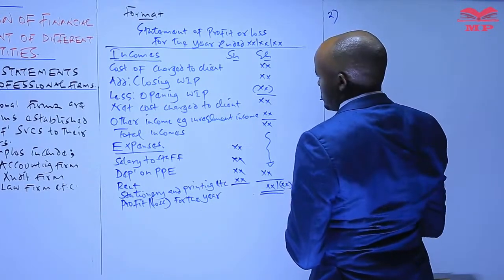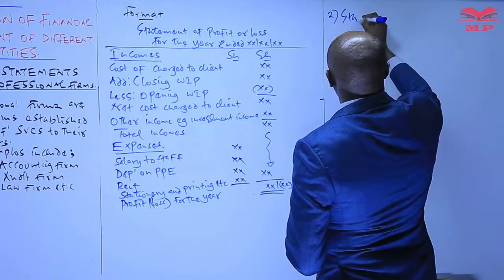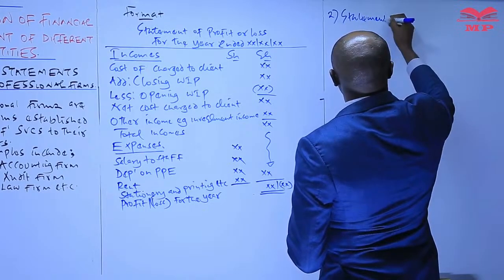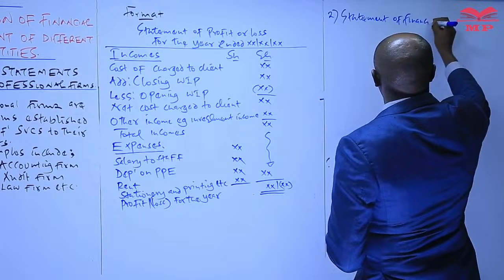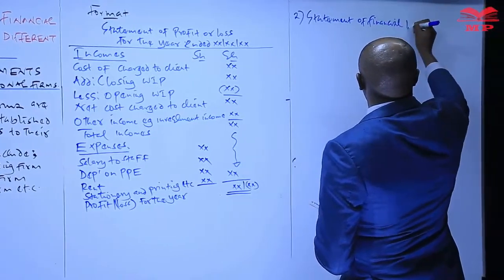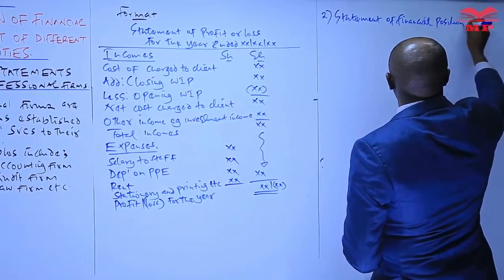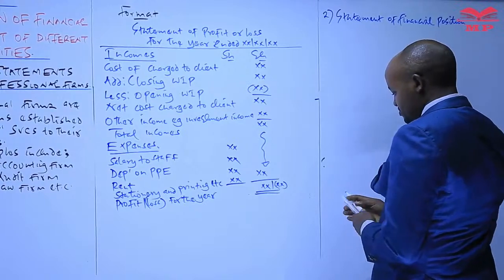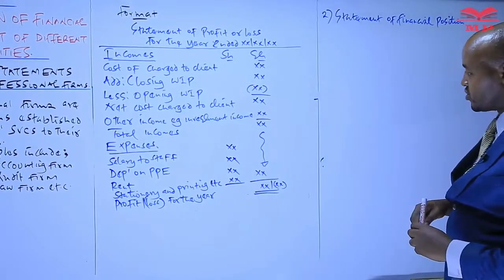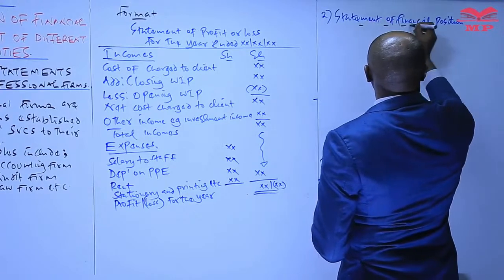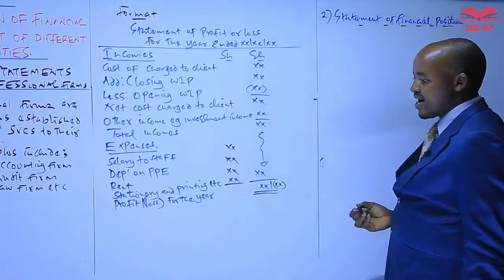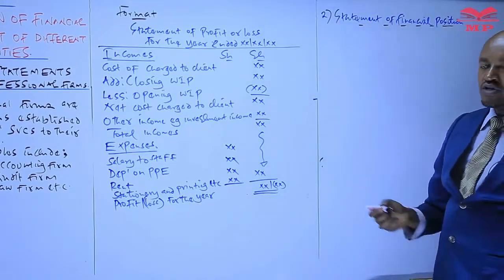Number 2, we have a statement of financial position. So when we talk about the statement of financial position, this is a statement of assets, liabilities, and what?